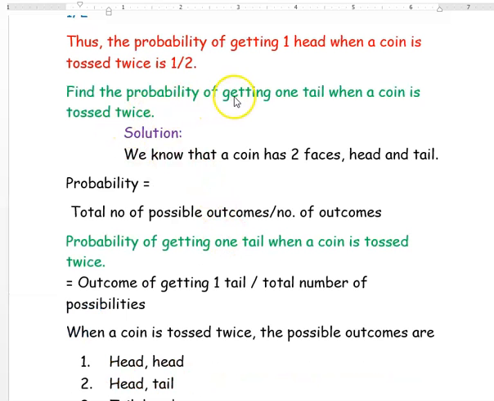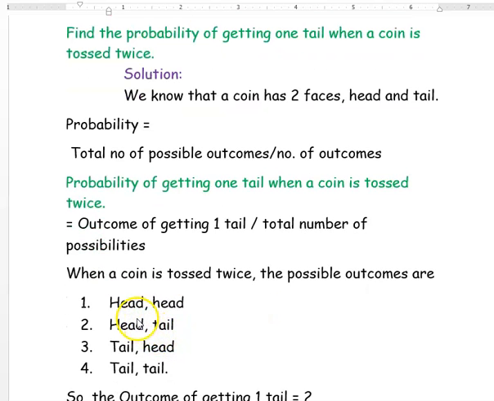Next question is find the probability of getting 1 tail when a coin is tossed twice. So we rewrite the formula for our question. Probability of getting 1 tail when a coin is tossed twice is equal to outcome of getting 1 tail divided by total number of possibilities. If you look into the possible outcomes, you have head head, head tail, tail head, tail tail.